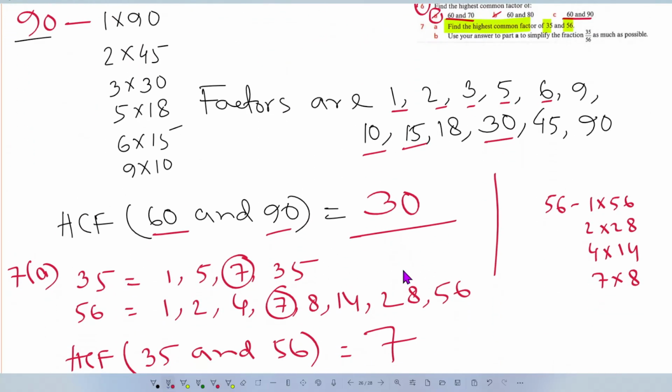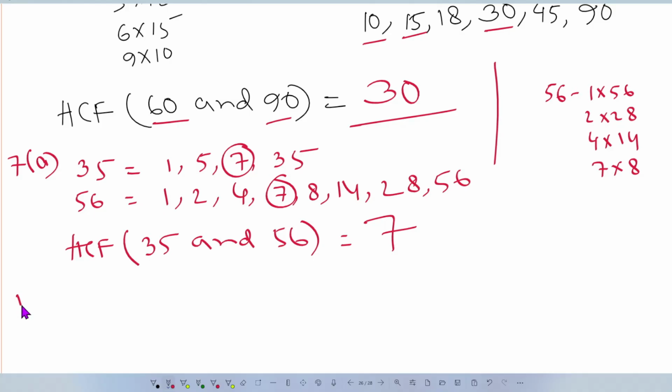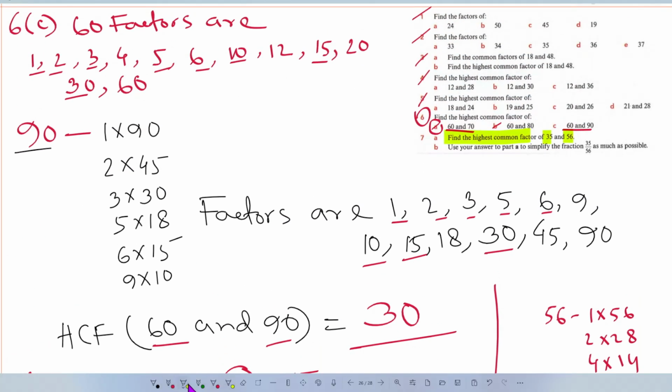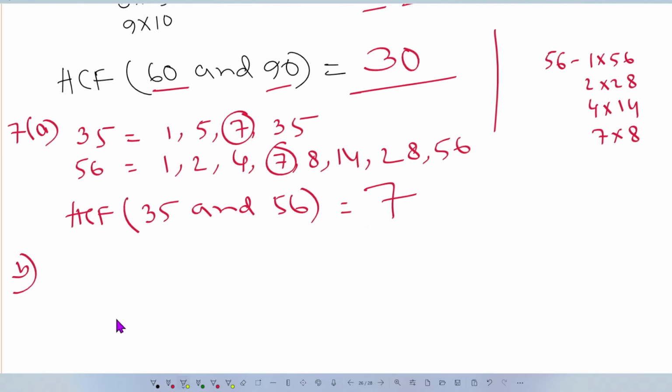Now number 7B. Here it mentions use your answers to part A to simplify the fraction 35 by 56 as much as possible. So we will simplify. So this is 35 by 56. So which one is the highest common factor? 7.